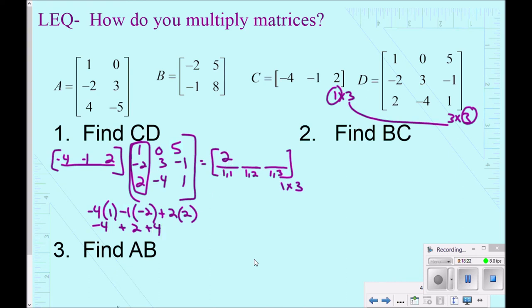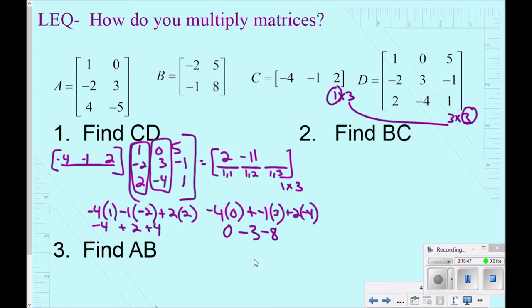Continuing on, 1, 2, first row, second column. So -4 times 0 plus -1 times 3 plus 2 times -4. Gives me 0 minus 3 minus 8, which is -11.